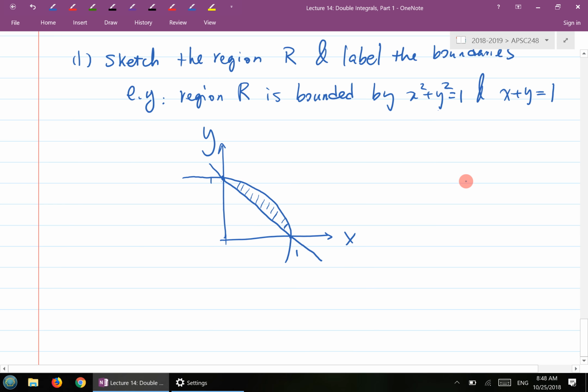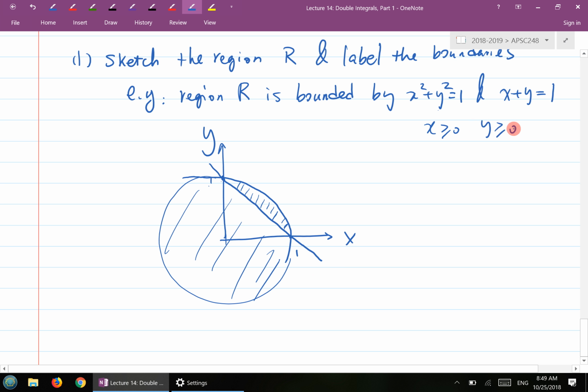Well, as a matter of fact, it could be a possible one here at the bottom too. So more precisely, sometimes we can add another condition, let's say x greater than 0 and y greater than 0. That will limit it to this region here.